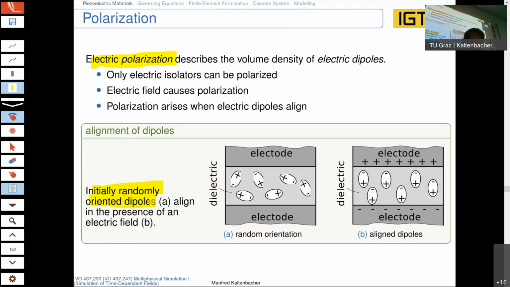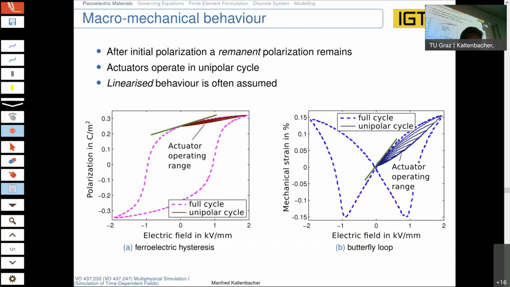And if you then switch off your electric field, some of them will switch back, but quite a lot of them will somehow remain aligned. And that will be then this permanent polarization. And we also say you have made the material active. Yeah, that is as shown here in this diagram.